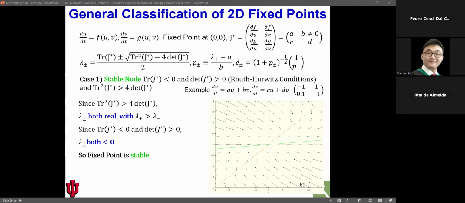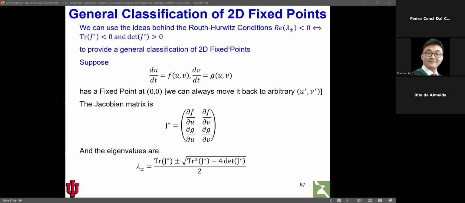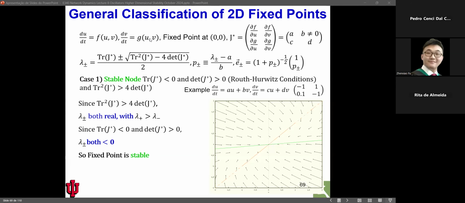You see, if this thing is larger, this is positive, both are real, and then you have the trace plus something which is positive, so it is larger than the trace minus. And since trace J is less than 0, see if this is true. But if the trace of J is less than 0, because you want them to be less than 0, you remember, because you want to be stable, then the trace should be less than 0, and the determinant is larger than 0.